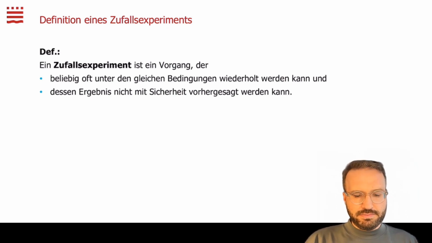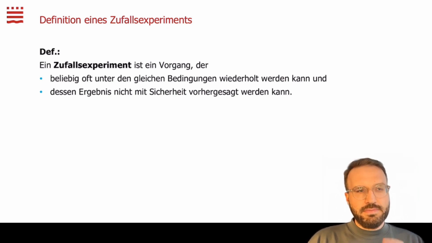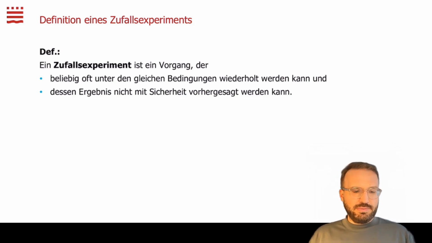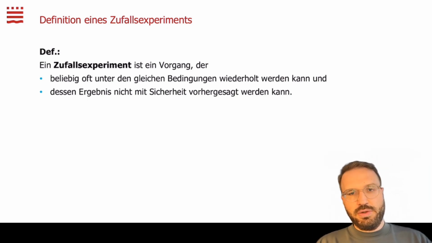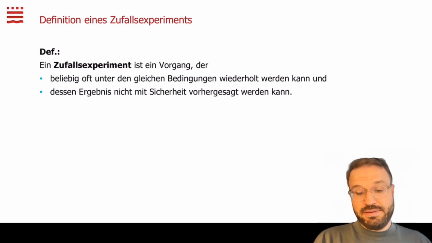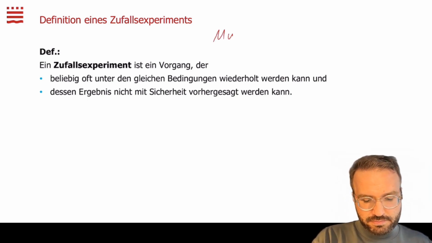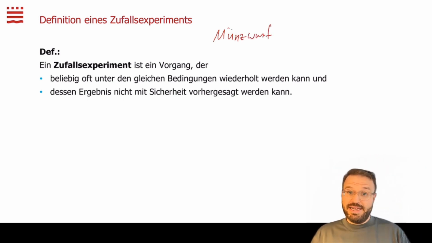And exactly. The standard random experiment that I will frequently conduct in this lecture consists of two different ones, both of which are very classic. This is the coin toss. I can toss a coin multiple times, and I cannot say with certainty whether it will land on heads or tails.